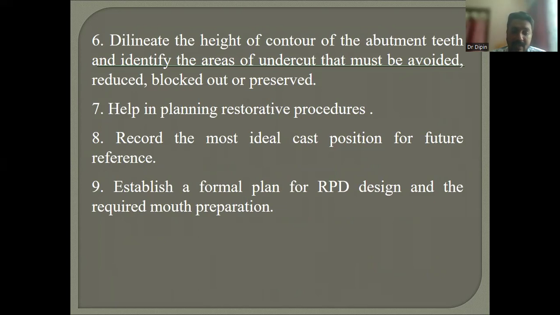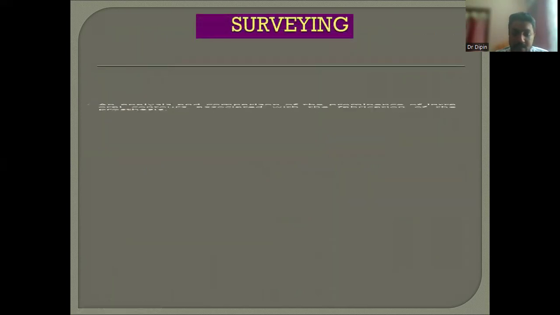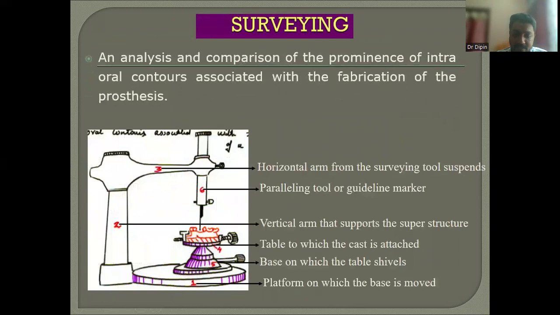Tripoding also can be done by using a surveyor, and to establish a formal plan for RPD design and the required mouth preparation. So this also we have seen, and the surveying. These are the different parts of the surveyor.